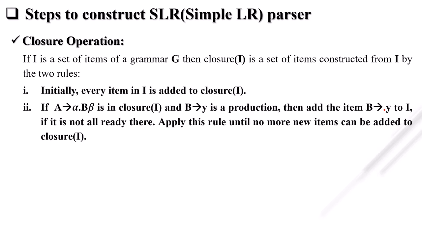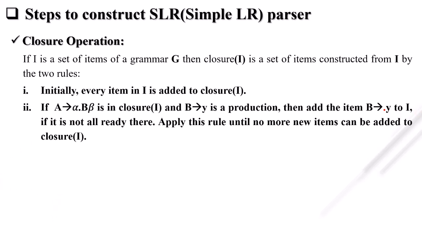First one is, initially every item in I is added to closure. Then second, if A tends to alpha dot B beta is in the closure of I and B tends to gamma is a production, then add the item B tends to dot gamma to I.